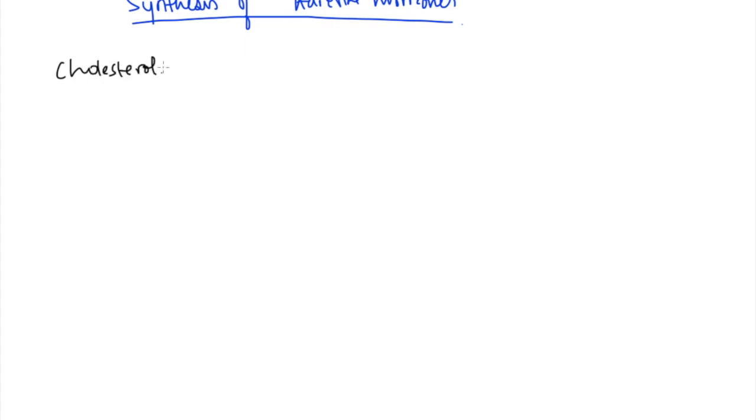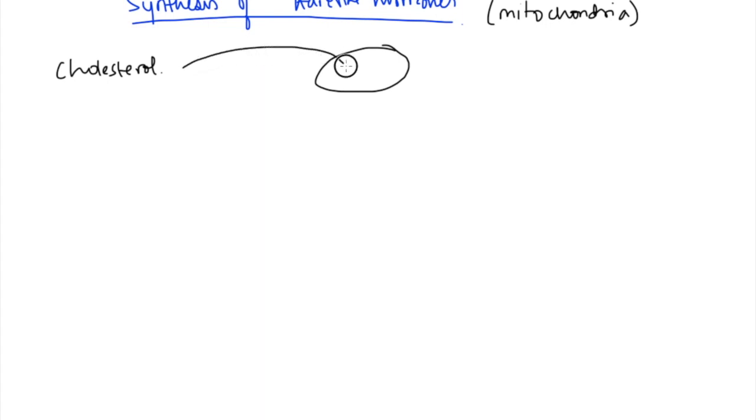Very important. Now the adrenal gland is going to basically harvest the cholesterol from the circulation. This synthesis process takes place in the mitochondria of the adrenal cortex. If this is the mitochondria, the cholesterol has to be taken from outside to inside.